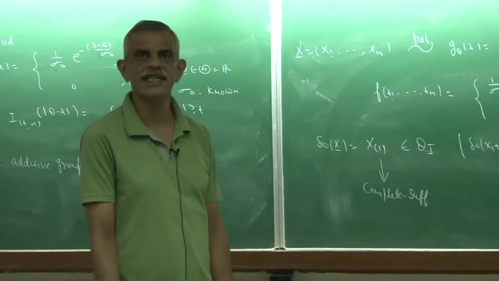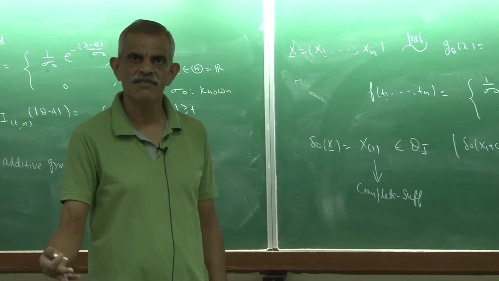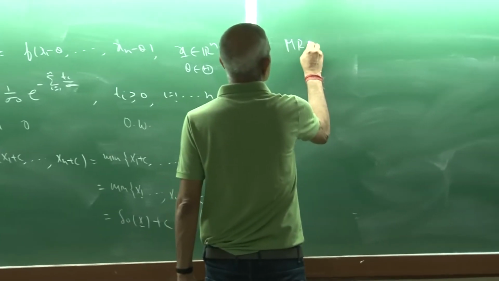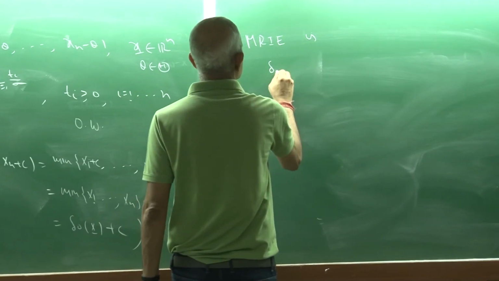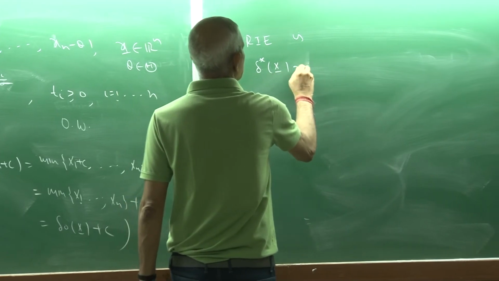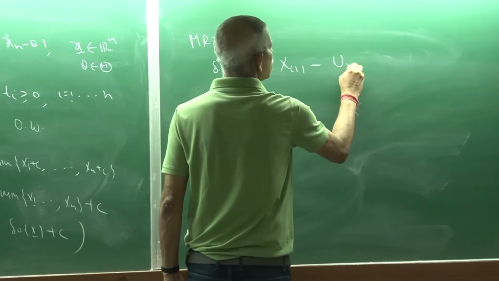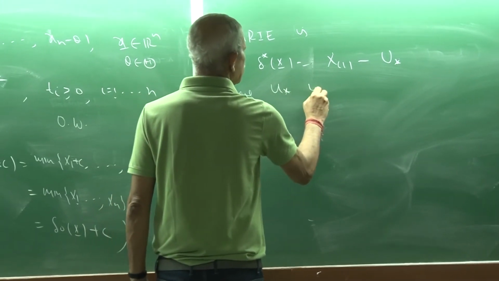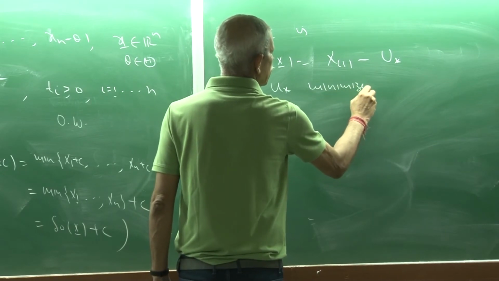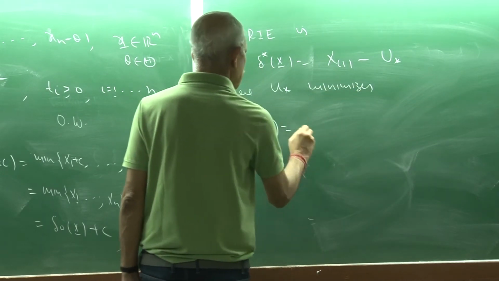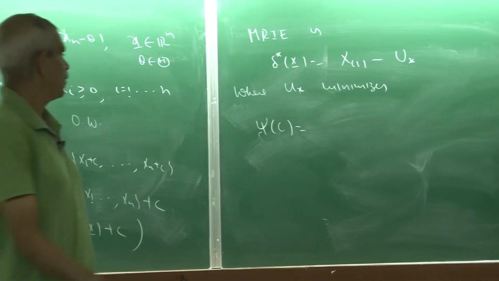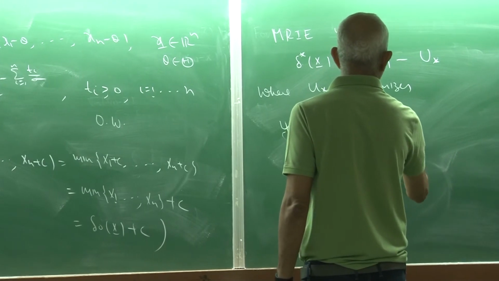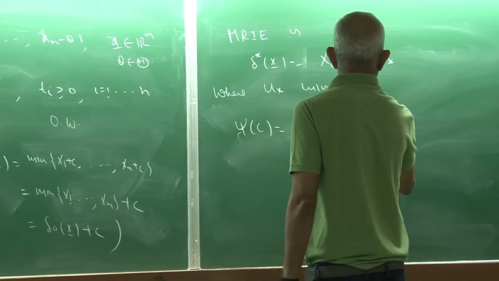That means X1 and D would be independent, so u star D will not depend on D. So the MRIE is delta star x, which is x1 minus u star, where u star minimizes psi c, which is the expected value under theta equal to 0 of W of x1 minus c.